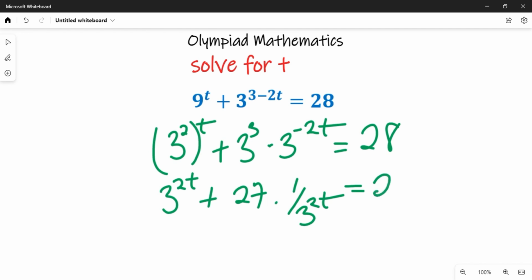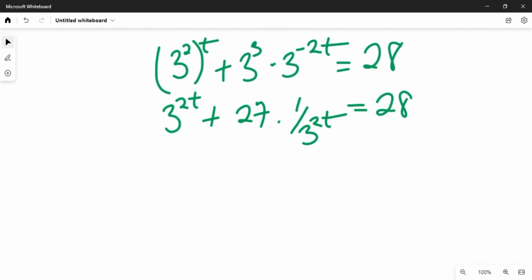plus 27 multiplied by 1 over 3 raised to the power 2t equal to 228. Now, following this equation, you come to see that this is a fraction and it's not supposed to be a fraction. So to clear that fraction, we are going to multiply through by 3 raised to the power 2t.